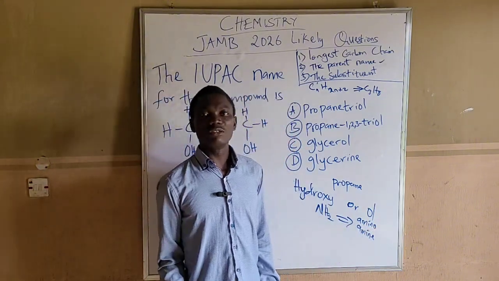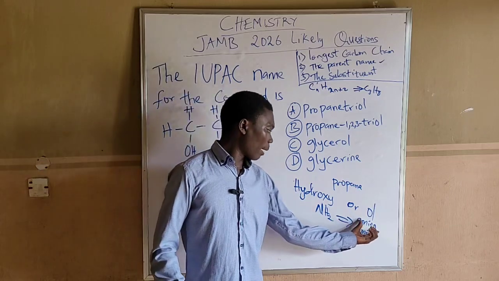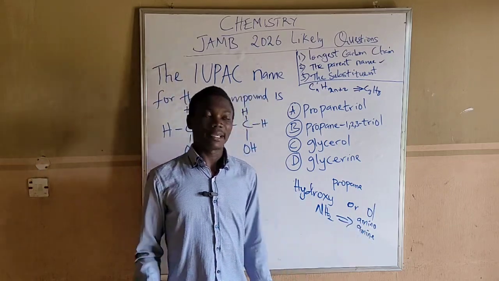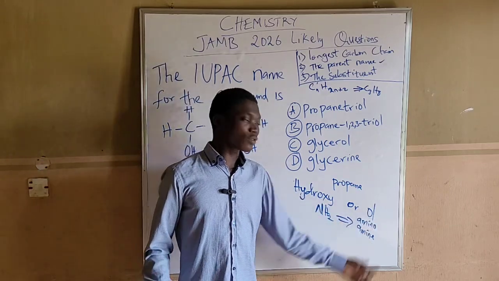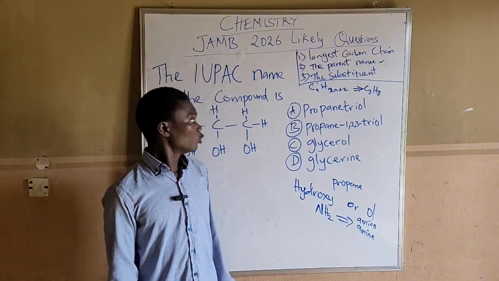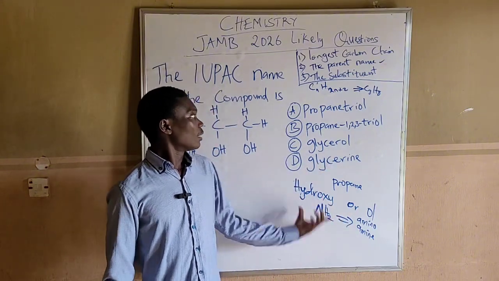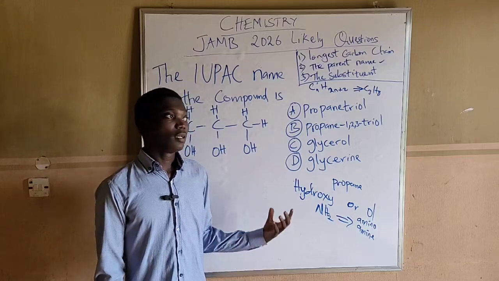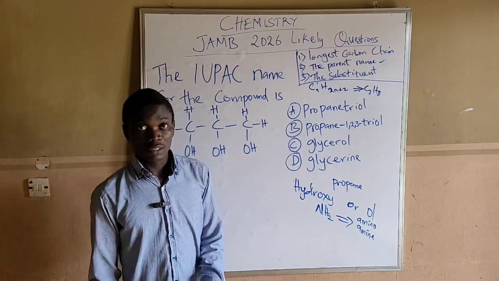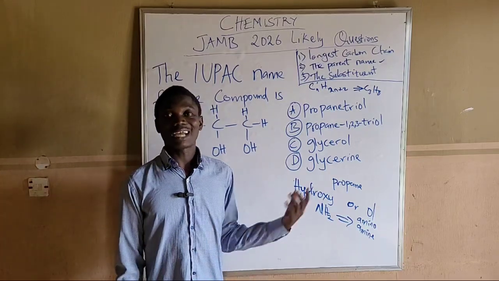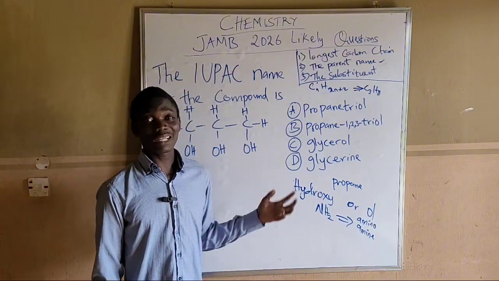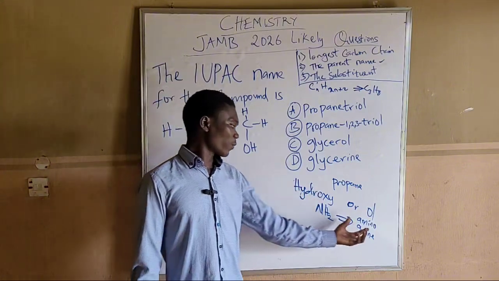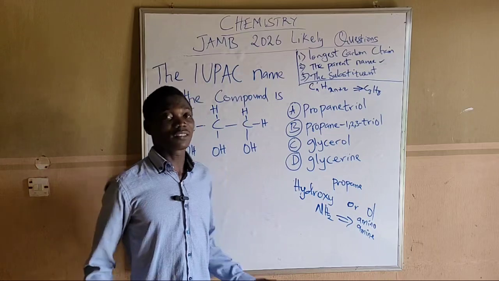At times you see it in some structures as amino, and at times as amine. You could also see OH as just ordinary hydroxy, or hydrogen hydroxide. Have you ever asked yourself why it is like that?